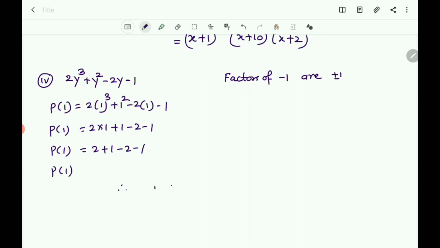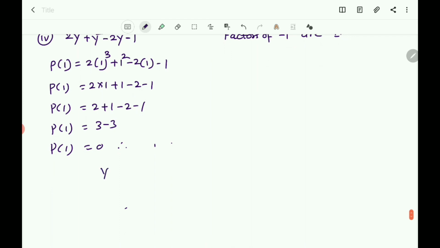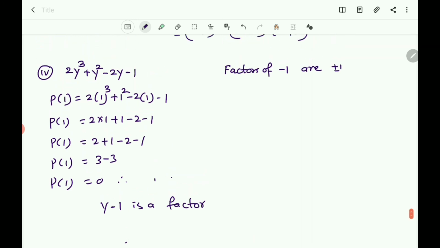So you can write p of 1 is equal to 3 minus 3, or otherwise 2 minus 2 cancels, 1 minus 1 cancels. So p of 1 is equal to 0. Therefore y minus 1 is a factor.